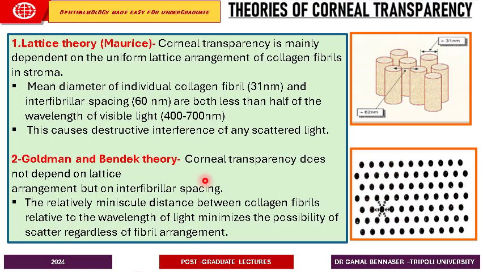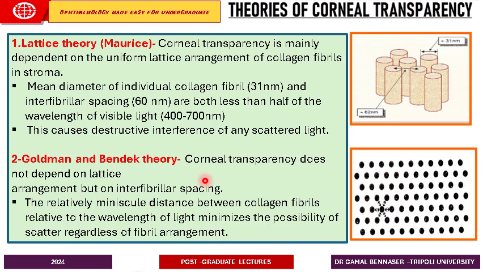And by lattice arrangement, it means that there is a peculiar fixed uniform shape of the collagen fibers with a fixed diameter of the collagen fibers, which is around 31 nanometers. And the distance between the fibers, that's the interfibrillar spacing, is around 60 nanometers.